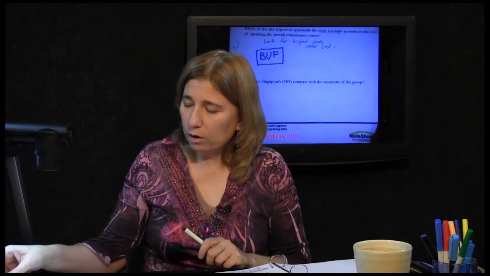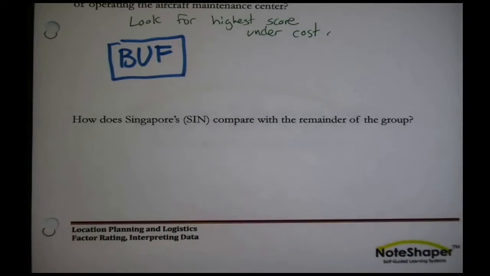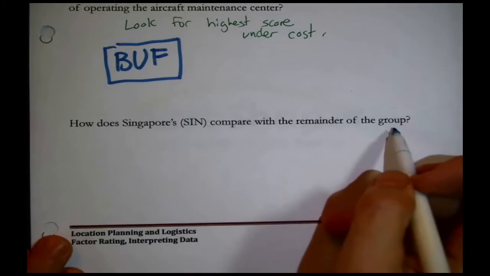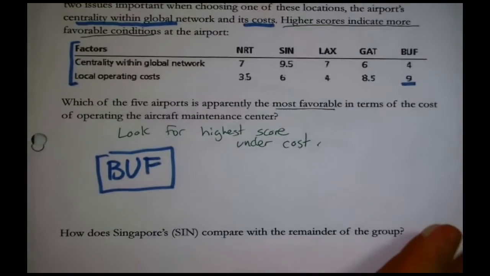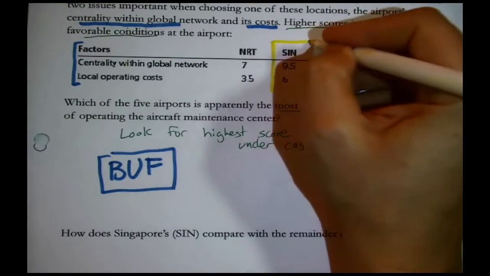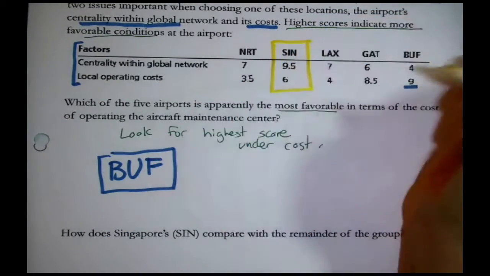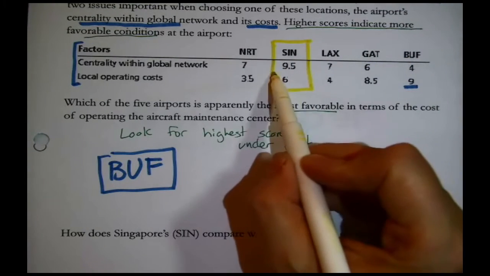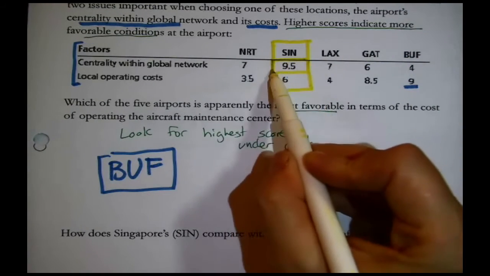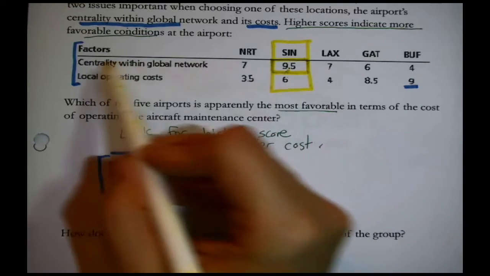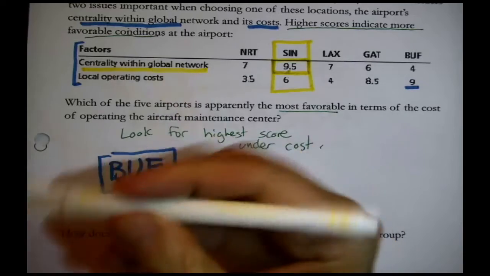Okay. Now, how does Singapore's Changi Airport, SIN, compare with the remainder of the group? All right. Higher scores are more favorable, but to answer that question, they're asking you to zoom in on a column and to compare it to the rest of the group. One of the things that I notice is that Singapore's Changi Airport does have the highest score here for centrality within the global network.